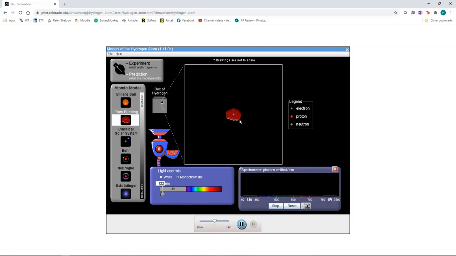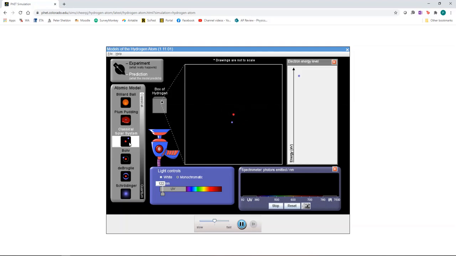The plum pudding model, remember, predicts that the electrons are in just this mass of positive charge. I guess I drew it like a pie, but I don't know what shape a plum pudding is. Anyway, this is fun. There's your hydrogen atom, a single electron, and the positive charge is just mushed around in the atom.